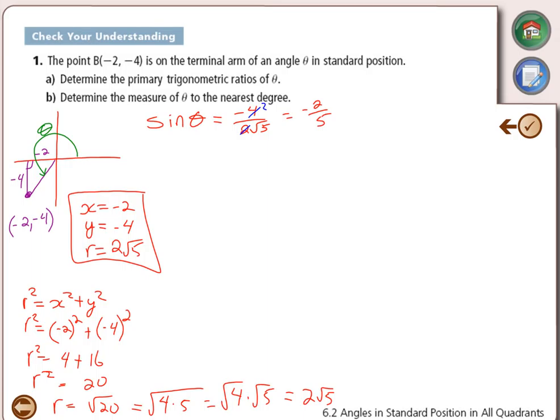Cosine. Cosine of theta is equal to x over r. The x is -2. The r is 2 root 5. Hey, I can reduce that. Those divide down. So we get left with -1 over root 5. Tangent.